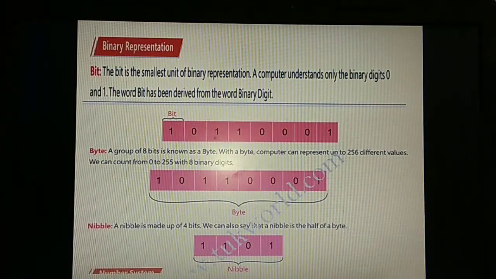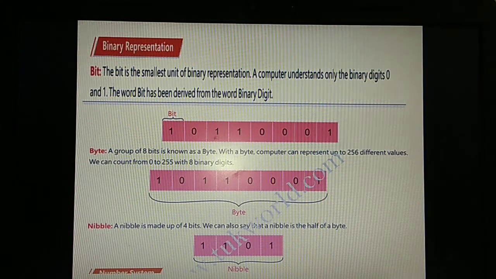Now, I told you about binary representation the other day. You must know the definition of bit, the definition of byte, as well as what a nibble is. A bit means a single digit, either a 1 or a 0.